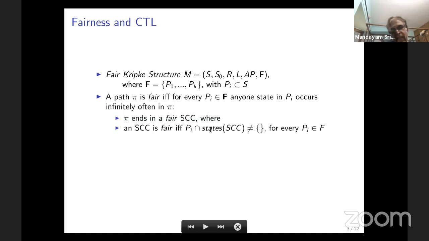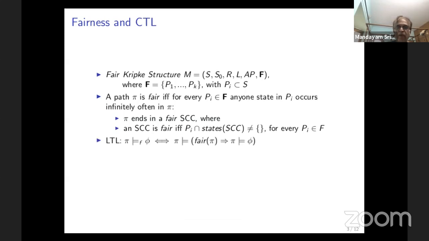So by construction you can see that such a path will be fair, and that's what we will use. This idea is what we will use to modify the model checking for EG, and EU.